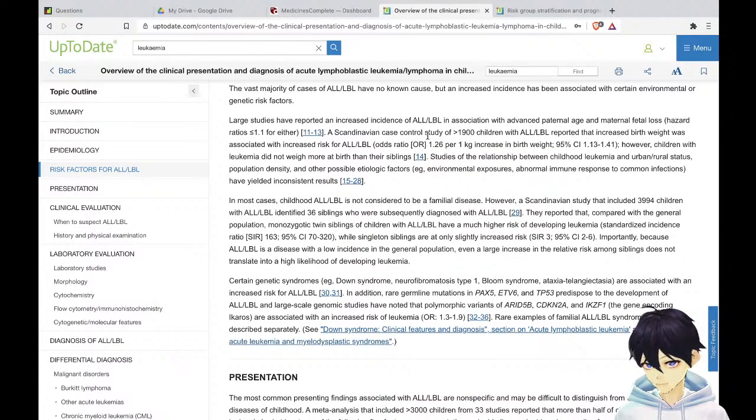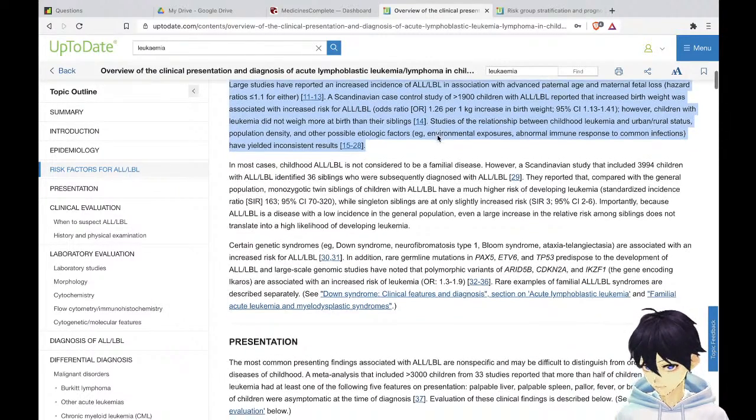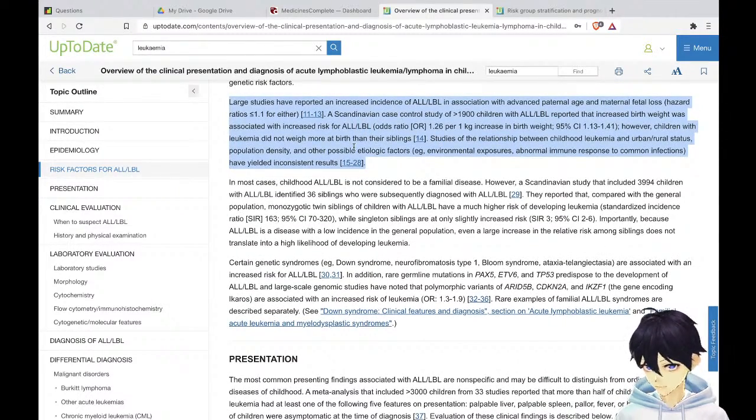A Scandinavian case control study of more than 1,900 children with ALL, LBL reported that increased birth weight was associated with increased risk of ALL, LBL, odds ratio of 1.26, not very high. However, children with leukemia did not weigh more at birth than their siblings. These are insignificant conclusions then.